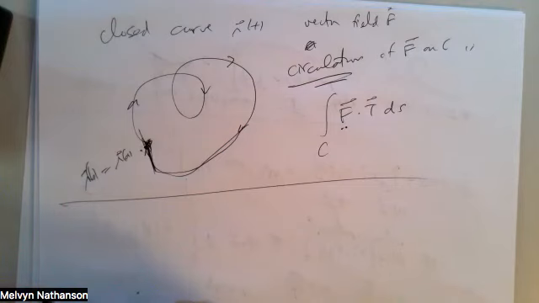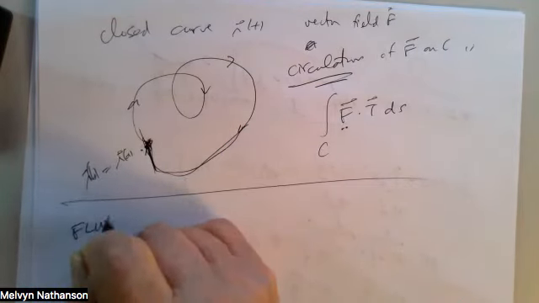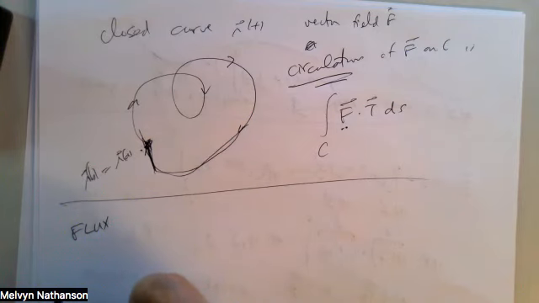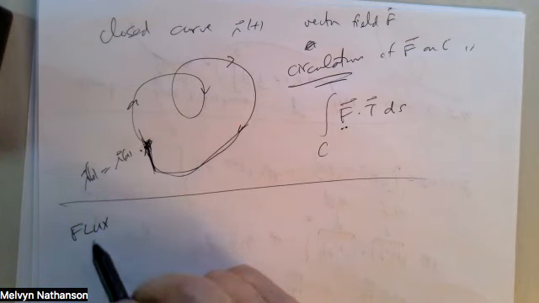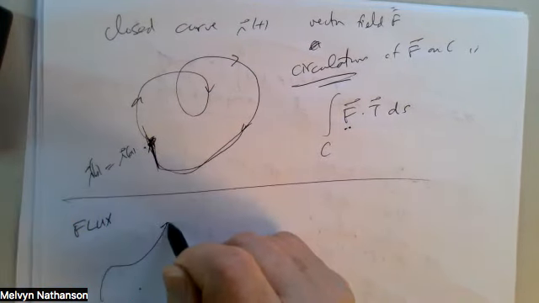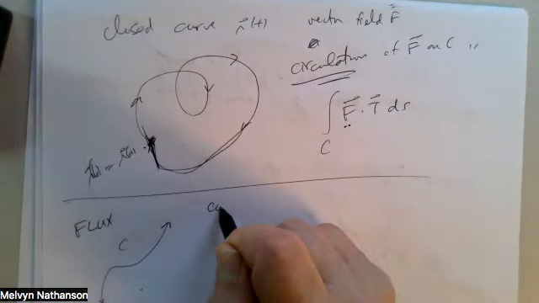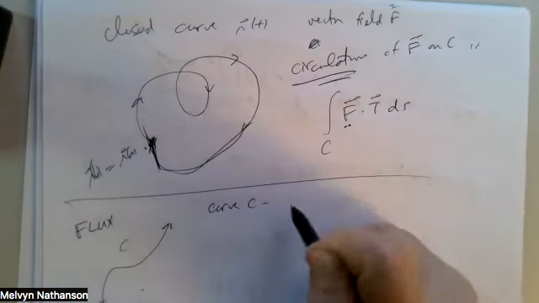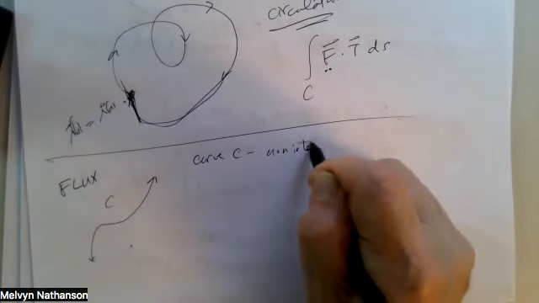But there's also something called flux. We only define this for a curve that doesn't intersect itself. So here we have a curve C, which is non-intersecting. It does not intersect itself.